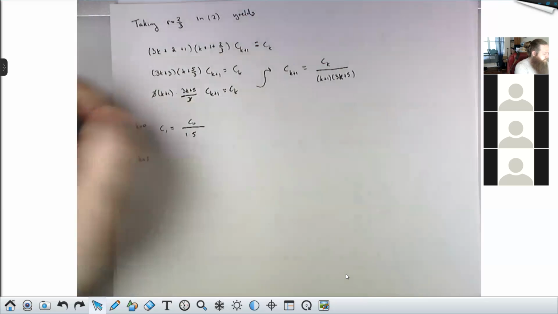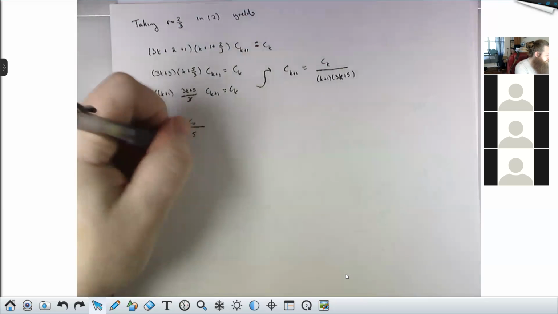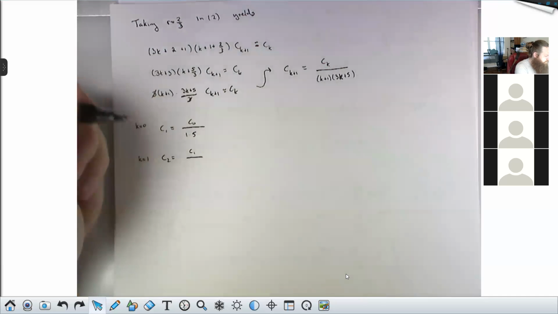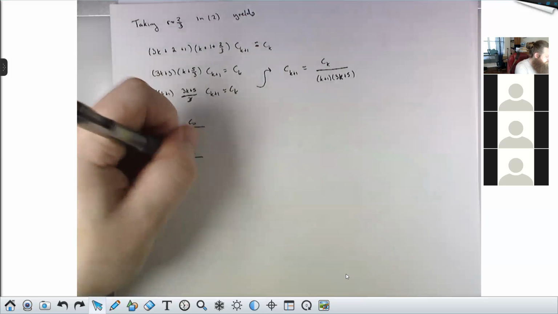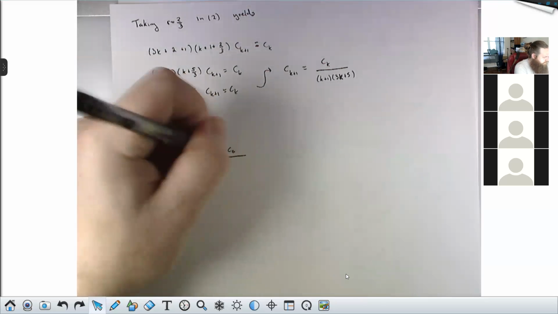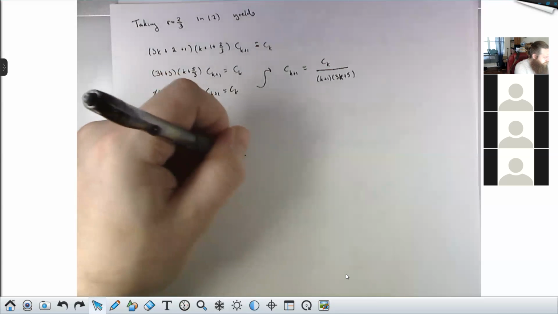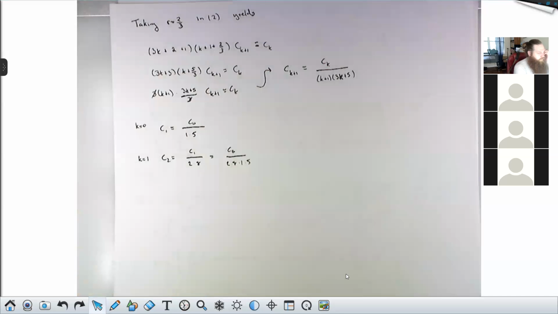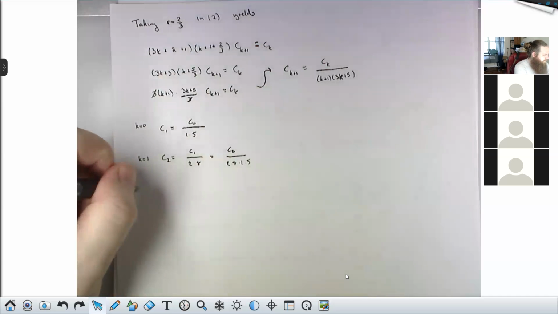When k is equal to 1, we're going to get C2 is equal to C1 over 2 times 8, which is the same as C0 over 2 times 8 times 1 times 5. I know the order there is silly, but just to help us see where things are coming from.